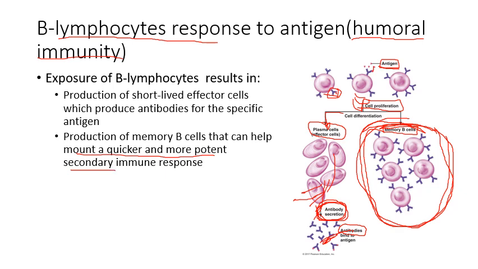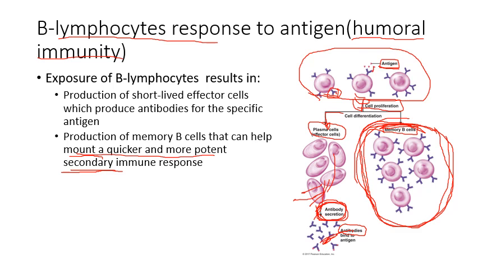This initial response would take close to a week to start fighting that specific pathogen. Whereas if we have the memory B cells, we've seen the pathogen, and our immune system is ready to fight much quicker and much more potent. We can get rid of and neutralize that pathogen much quicker if we see it a second time due to these effects we see with the memory B cells.